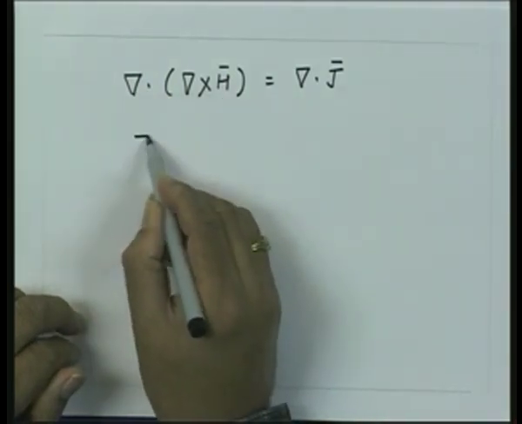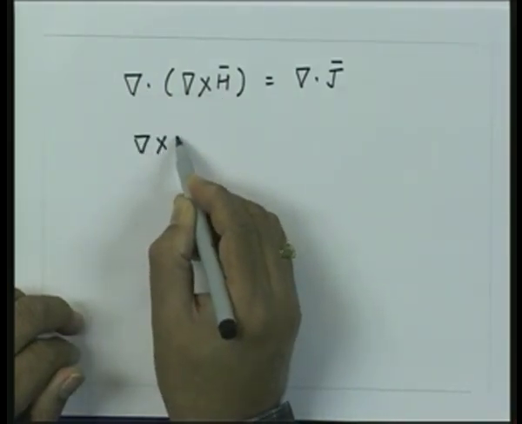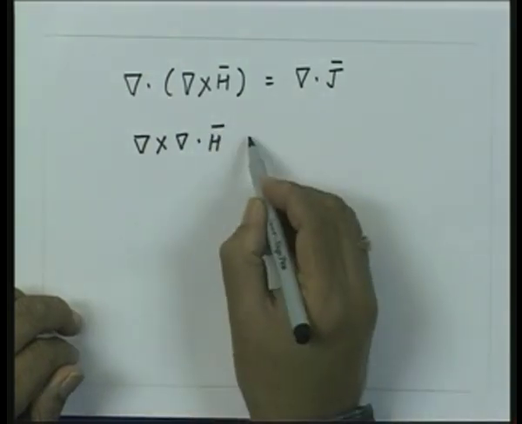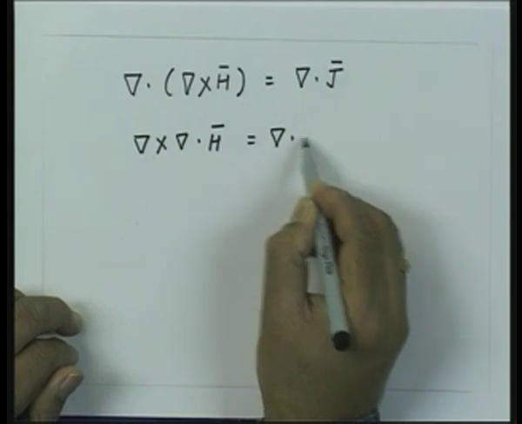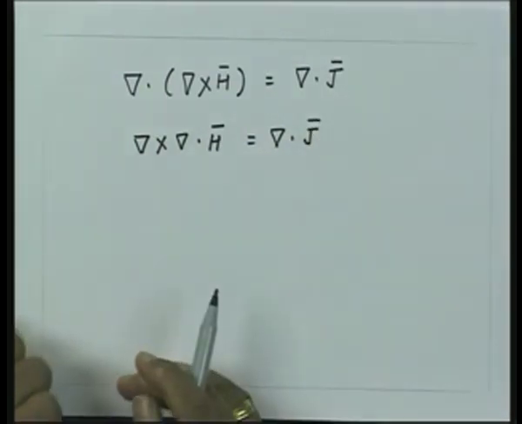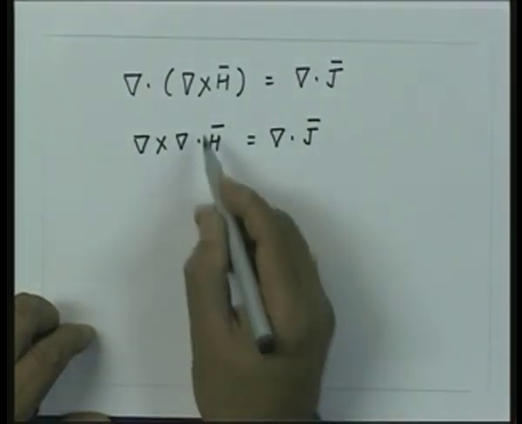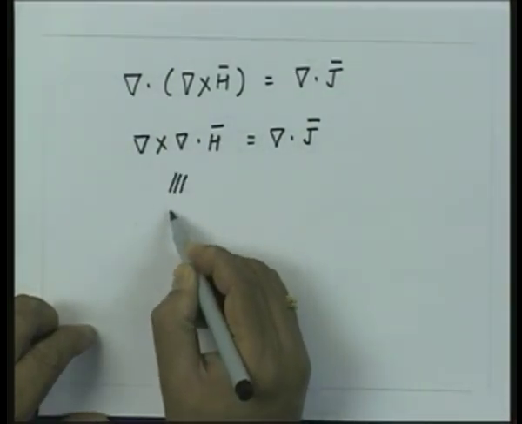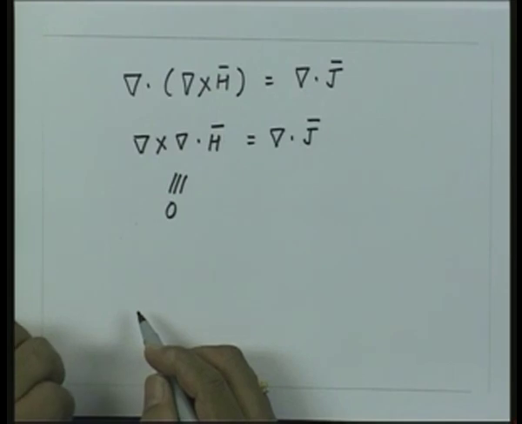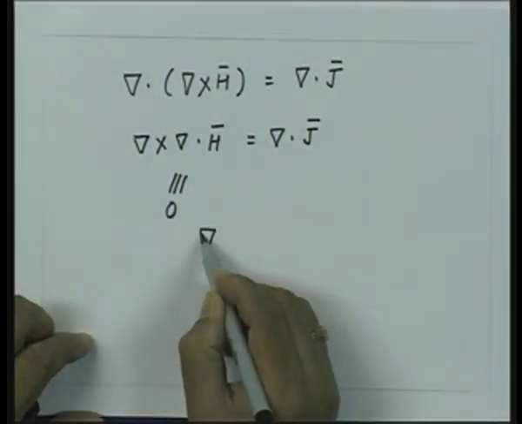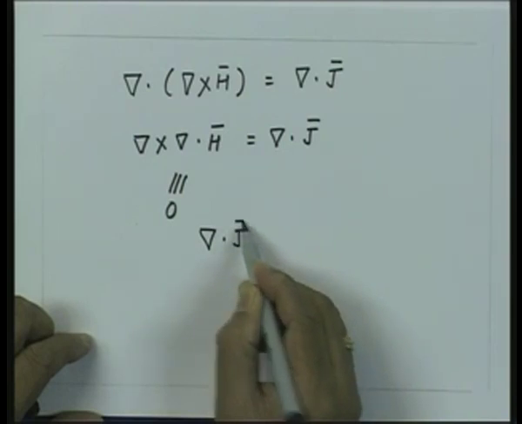So, this can also be written as del cross del dot H equal to del dot J. Now, this quantity is identically 0. What that means is, from Ampere's circuit law, the divergence of J is identically 0.